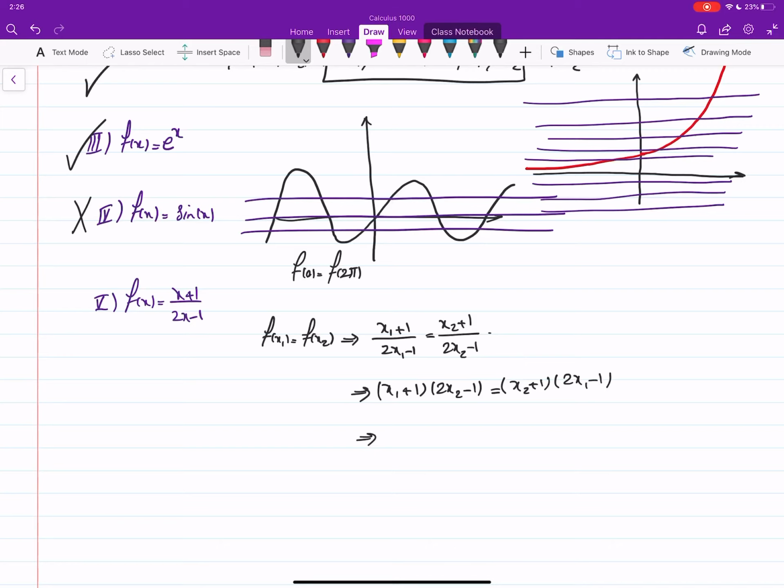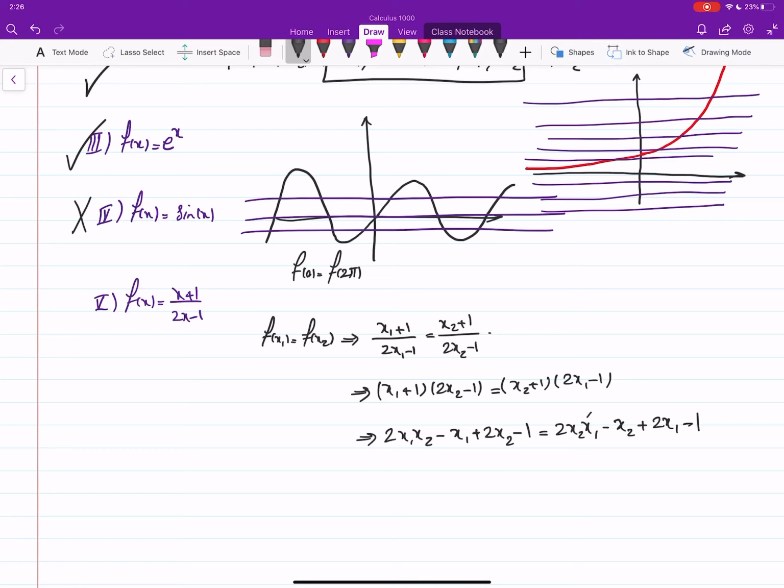As a result, this is 2x1x2 minus x1 plus 2x2 minus 1 equals 2x2x1 minus x2 plus 2x1 minus 1.